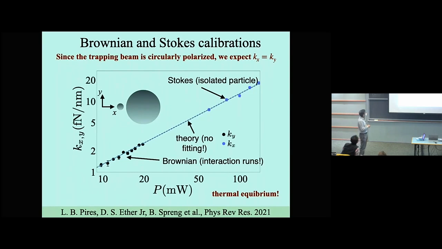And you see that I have very good agreement, and we also have a third way of determining this stiffness, which is the theory that we have, so we can compute the optical force from independently characterized parameters, and they all fit together, right?